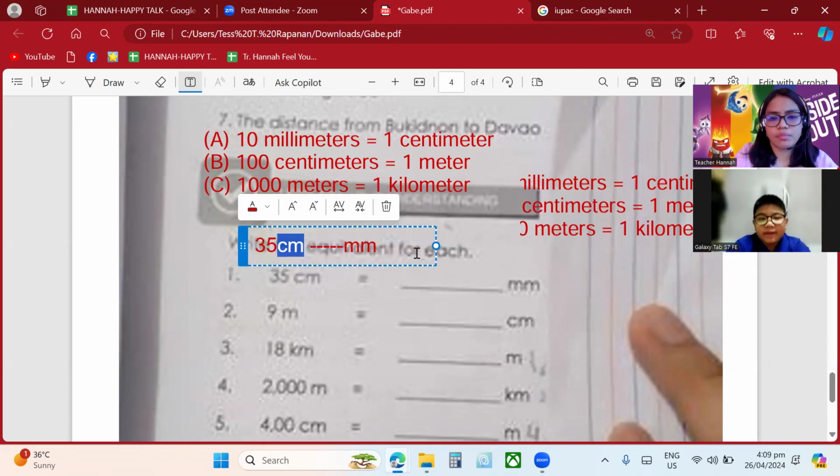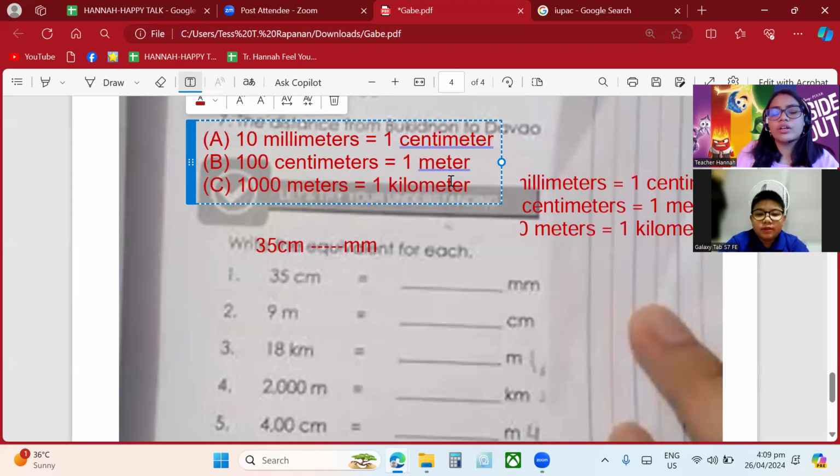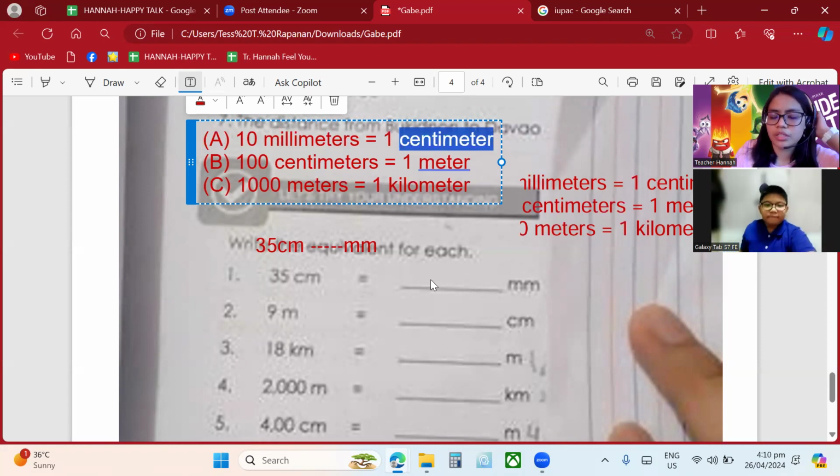Centimeters. What do you need? Millimeters. So what conversion has millimeters and centimeters? A, B, or C? A. A, very good.